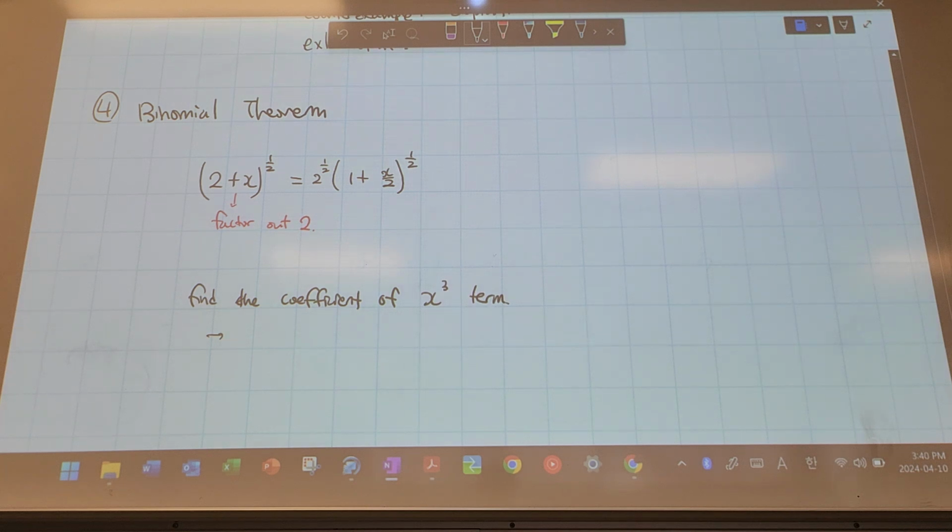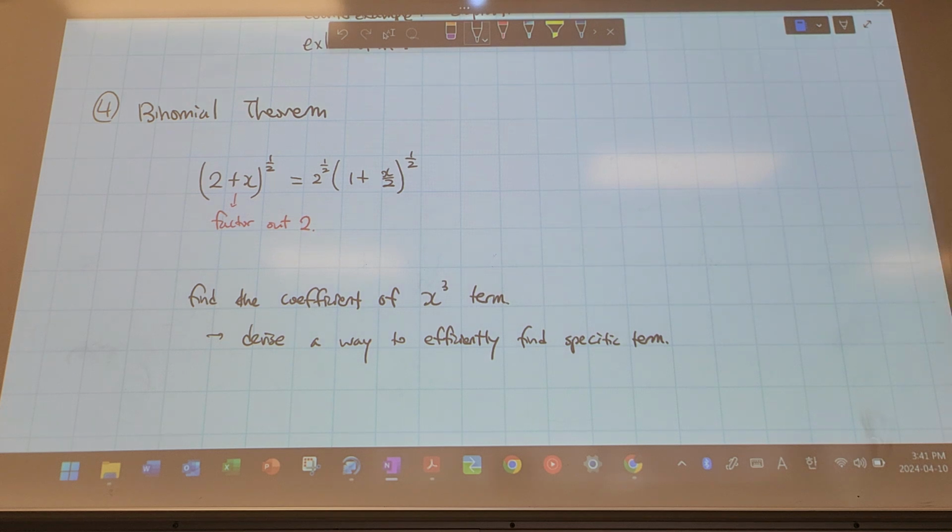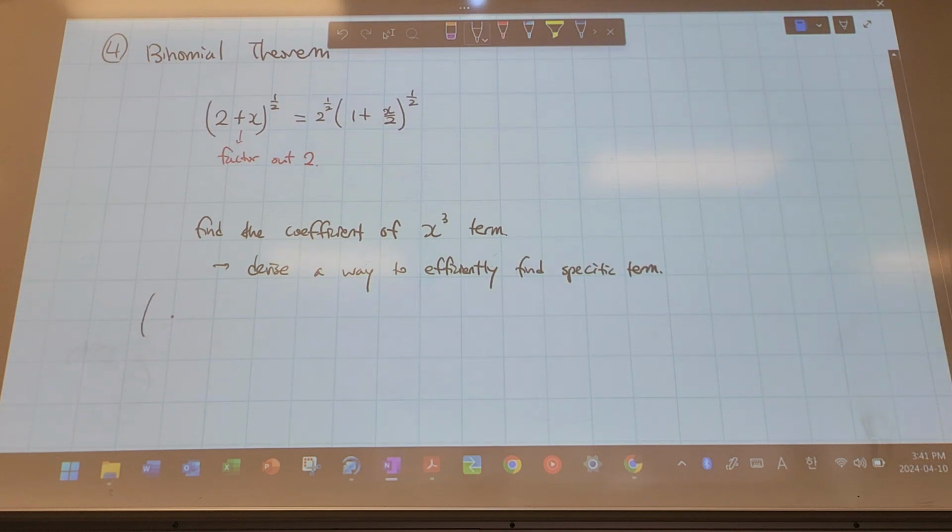Devise a way to efficiently find the specific term. You don't want to start from the x power 1 term all the way to the x power 3, or especially if this question goes like coefficient of x power 6 term. For that, you can think of it like something x plus something x squared plus something x cubed, and so on, multiplied by something x plus something x squared plus something x cubed.